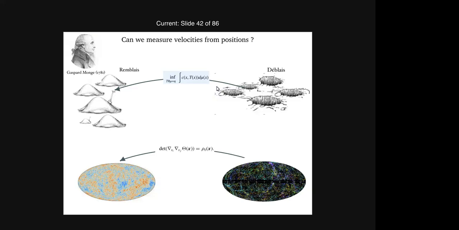So the question of finding the velocities of these galaxies from just the simple knowledge of their positions is the same question that was posed by Gaspard Monge, one of the most prominent French mathematicians just before the French Revolution. Gaspard Monge wanted to know how to transfer mass from a dig site to a building site. He didn't want to just amuse himself.